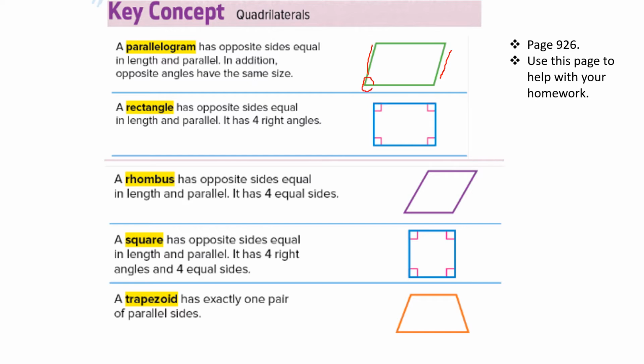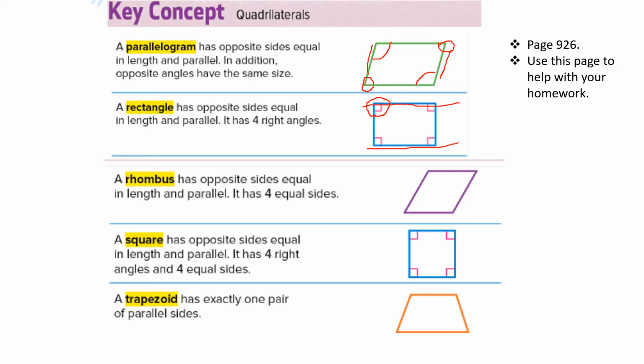So if I look at this angle and this angle, they're opposite and they're the same. These two are the same as well. A rectangle is like a parallelogram in that it has opposite sides that are parallel and the same length, but this time the thing that makes it different is all four angles are right angles.